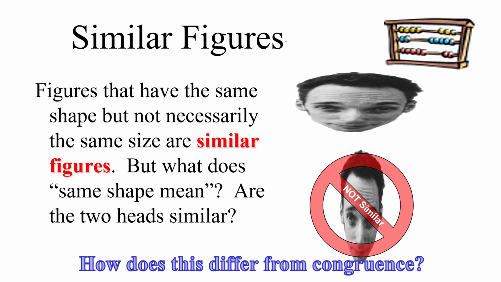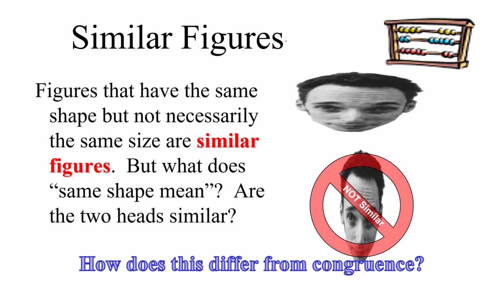Now, how does this differ from congruence? Congruent shapes are identical in size. Remember, we talked about congruent shapes being transformations that result in congruent shapes are translations and rotations and reflections. Our similar figures are our dilations, objects that get larger or smaller based on a consistent scale factor.